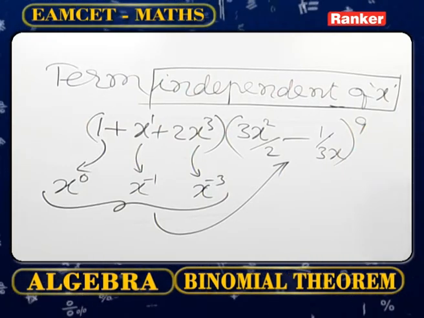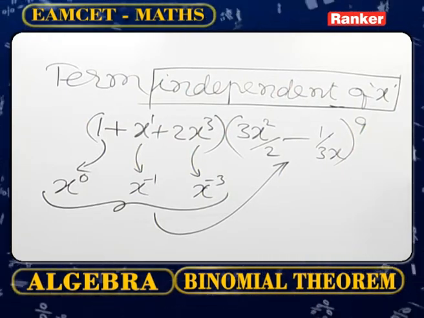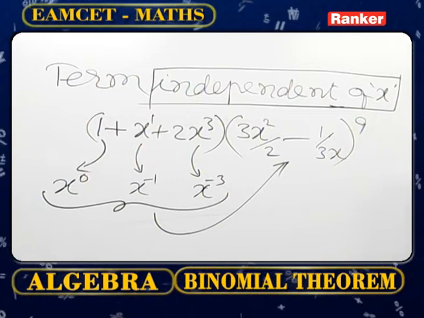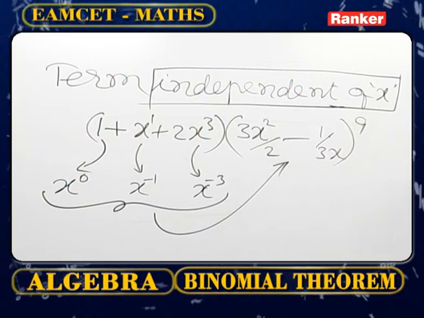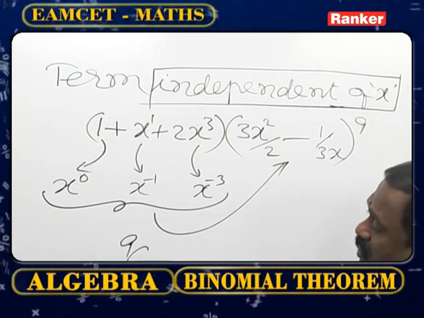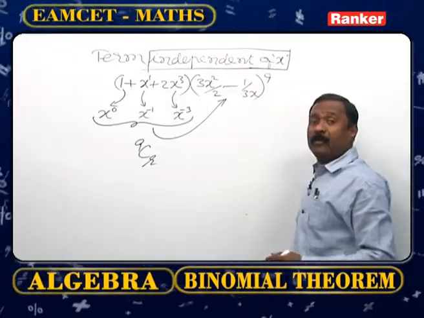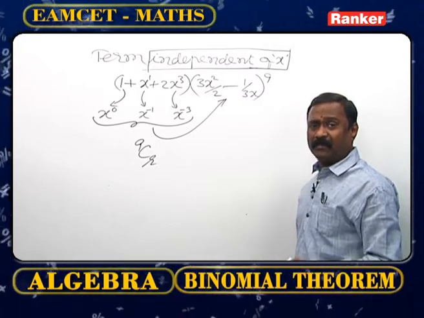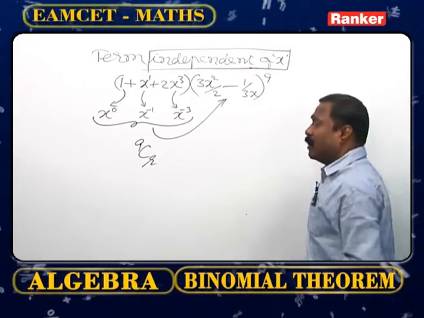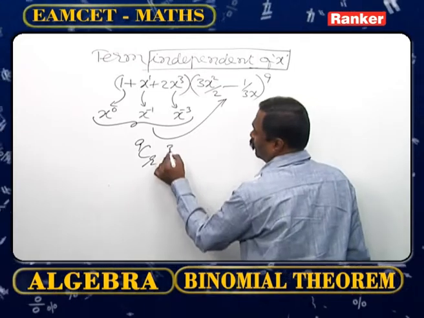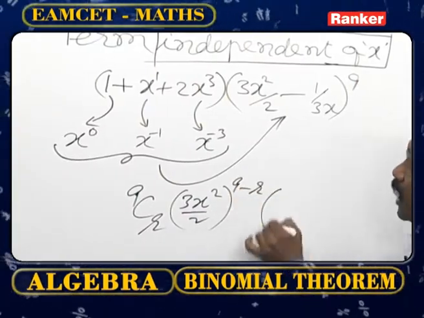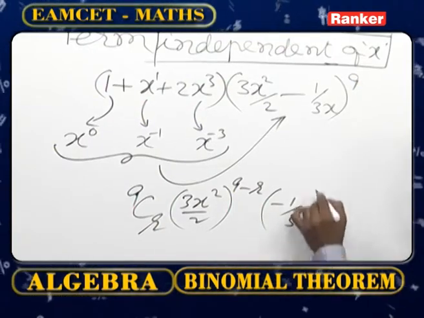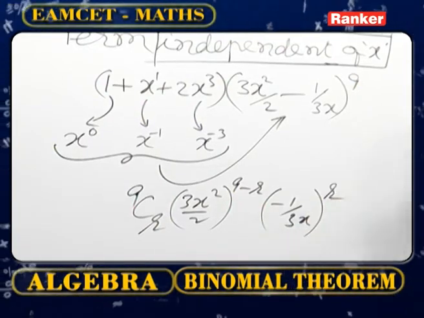Whatever term you need, take the help of the general term, always the general term. So let me write the general term for this one. You all know from your 10th class itself that you have this general term formula: 9CR into (3x square by 2) whole power 9 minus r into (minus 1 upon 3x) whole power r.